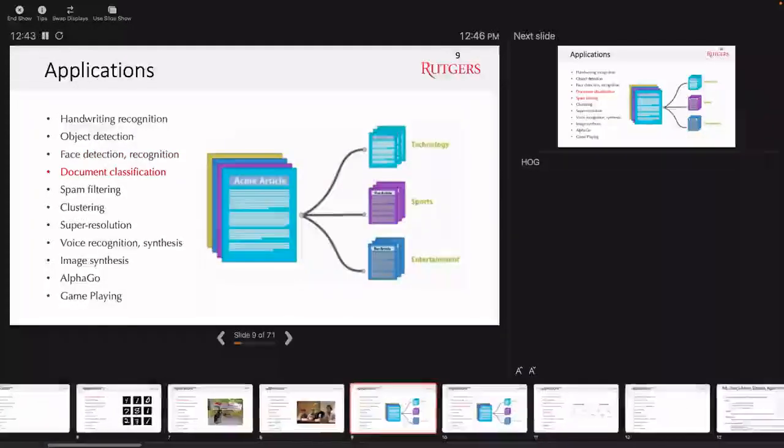And another example is document classification. It's also very simple. You're given a document, for example a news article, and the algorithm will try to automatically tell you what kind of article it is. Is it about technology, or sports, or entertainment? So this is document classification. It's also one of the oldest machine learning applications.